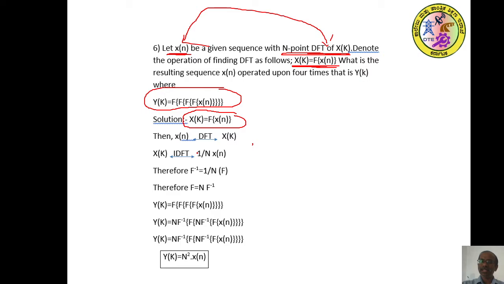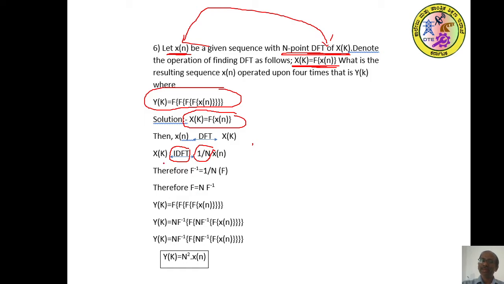It's a function relationship, so you should be very careful. When I apply x(n) to a DFT system, I get an answer X(k). So this function is something like a sum of products. The same function you take, use it as IDFT with an extra multiplication of 1 by N. So how do you relate these two is a question mark.